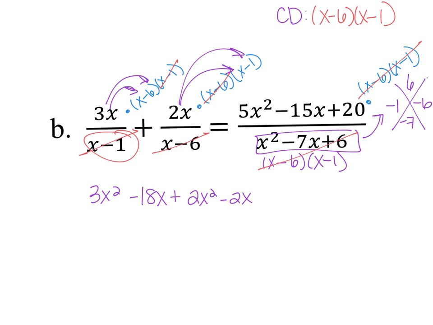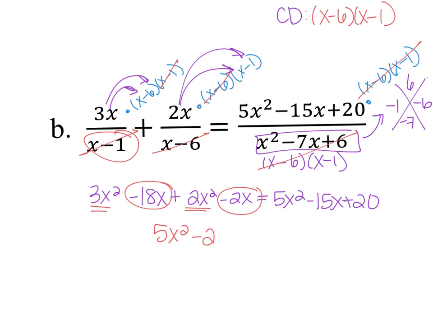Alright, so I'm left with, on the other side, just 5x squared minus 15x plus 20. Alright, let's simplify some things. I have a negative 2x, negative 18x, and a 2x squared and 3x squared. So it gives me 5x squared minus 20x equals 5x squared minus 15x plus 20.